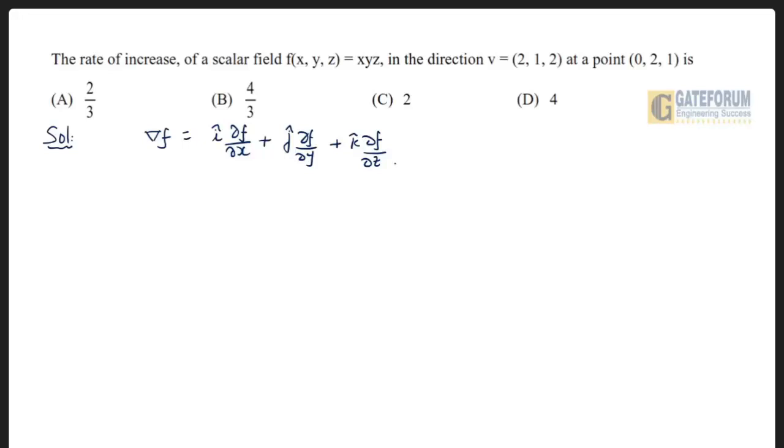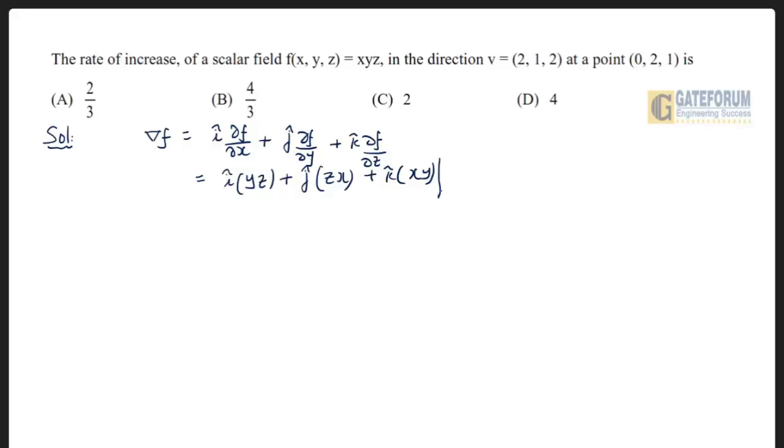So you will be getting i cap into yz plus j cap into zx plus k cap into xy.